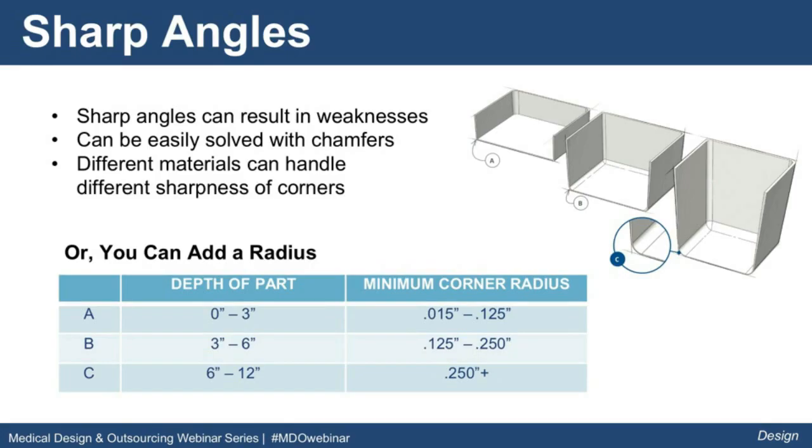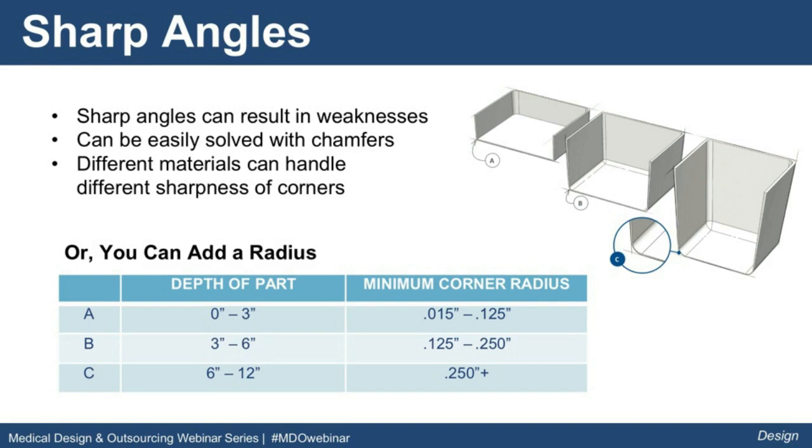Sharp angles. Sharp angles can result in weaknesses. This can easily be solved with chamfers, and different materials can handle different sharpnesses of the corners. You can see the pictures in the top right corner, giving you an idea of the radii that are going to be needed based on the depth of draw of that part.